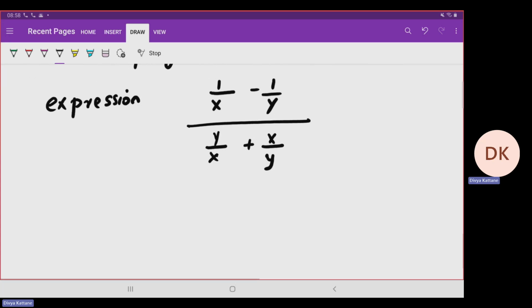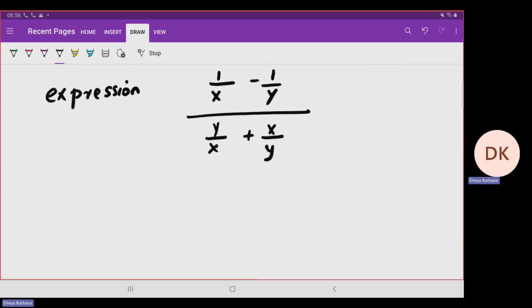So we are checking the question. It is 1 by x minus 1 by y in the up, and it is y by x plus x by y in the down. Now, if you check this term, the down is x here and it is y here, so they are not the same.